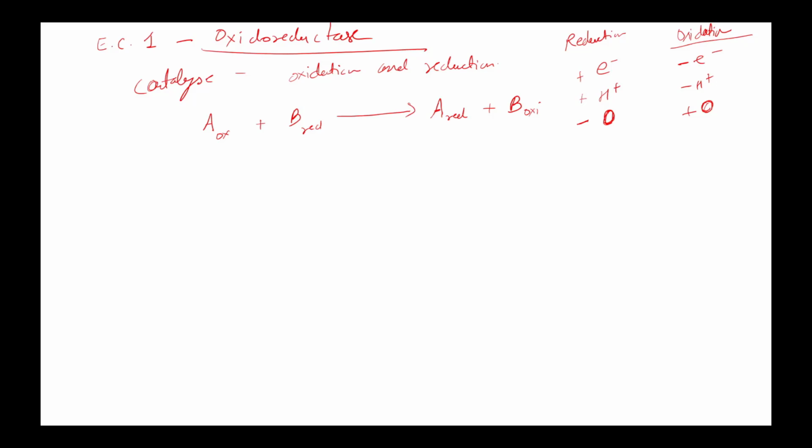Talking about a few examples, the enzymes that come under this category are oxidase, dehydrogenase, oxygenase, and peroxidases. Here we can see there are two, oxidases and oxygenases, both involving oxygen in the reactions.